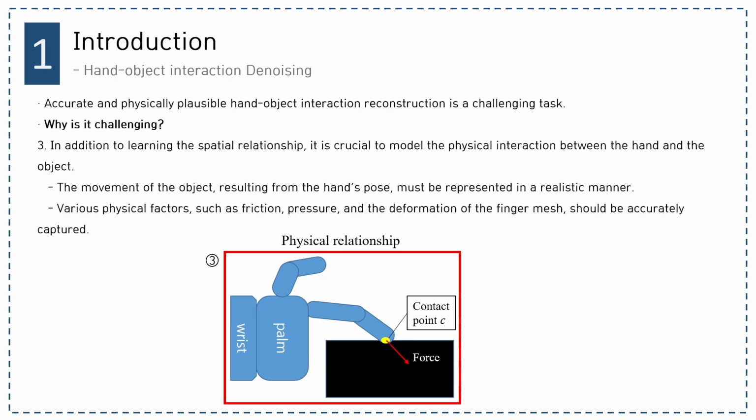Lastly, it is necessary to learn not only the spatial relationship, but also the physical interaction between the hand and the object. Various forces are applied to the object depending on the hand's pose. A force acting perpendicular to the object may create pressure, while a force applied horizontally could result in friction.